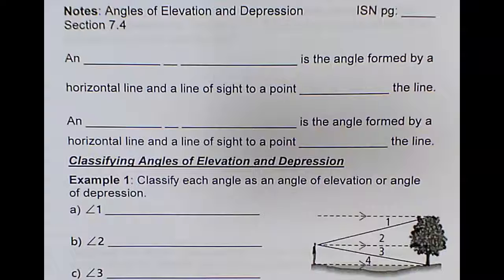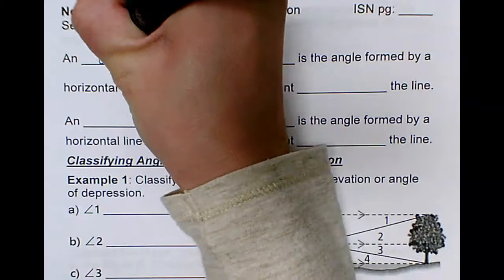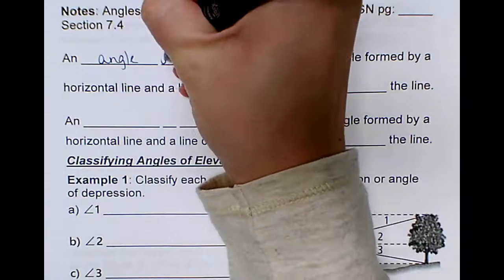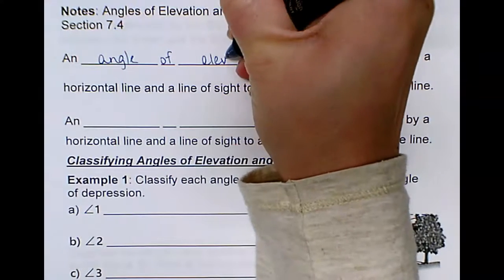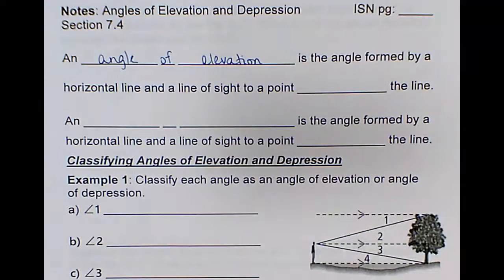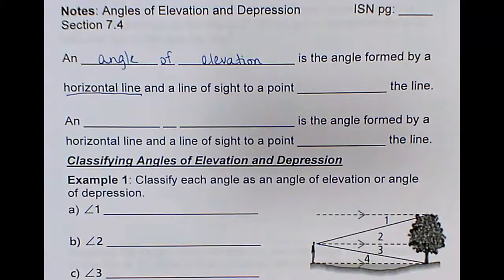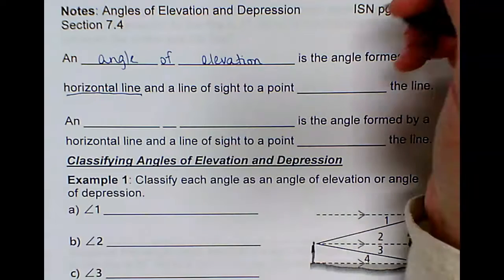Hi everyone. Today we're going to talk about angles of elevation and depression and tie together some of our trigonometry conversation. An angle of elevation is the angle formed by a horizontal line and a line of sight to a point above the line.